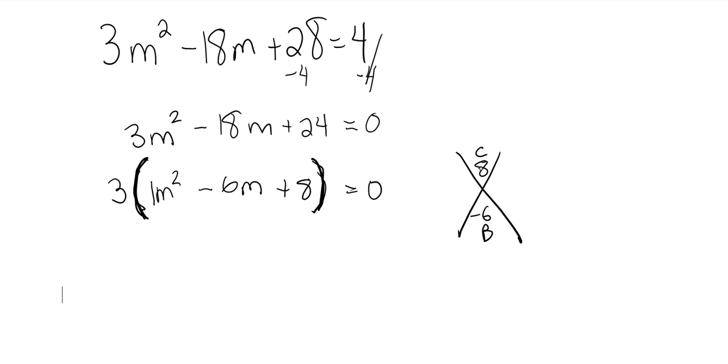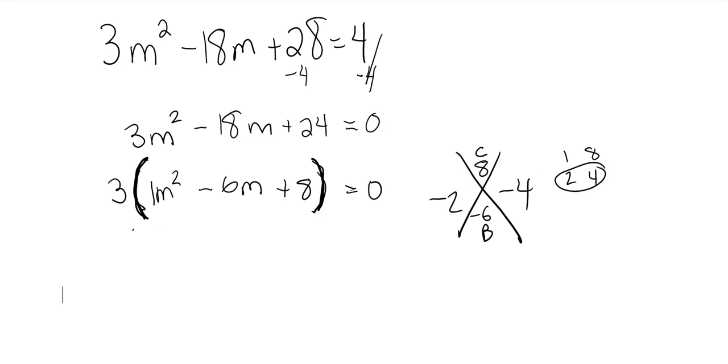Well, the only way to multiply and get a positive and add to get a negative is if you have two negatives. A negative times a negative is a positive, and when you add two negatives, you have a negative. So we're looking for two numbers multiplying to give 8, so 1 and 8 or 2 and 4, but add to give negative 6, that would be negative 2 and negative 4.